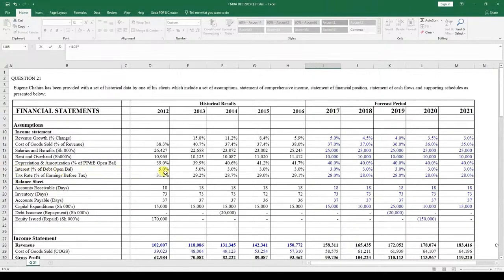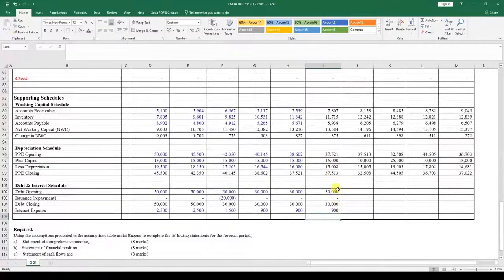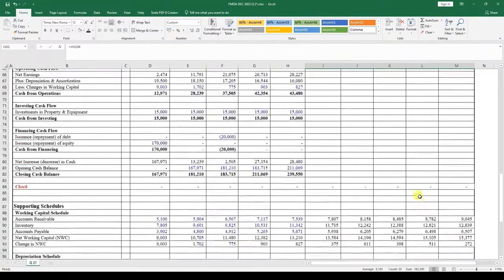Interest as a percentage of opening balance here is 3%. Now our supporting schedule is complete. We drag it. These values over here are going to be instrumental towards filling out the cash flow statement.